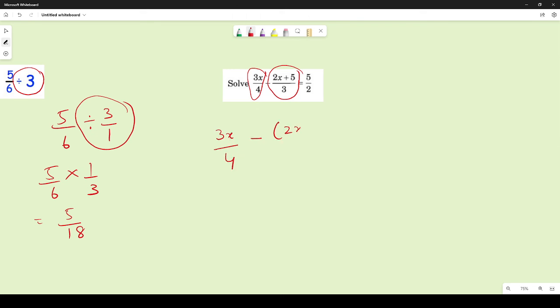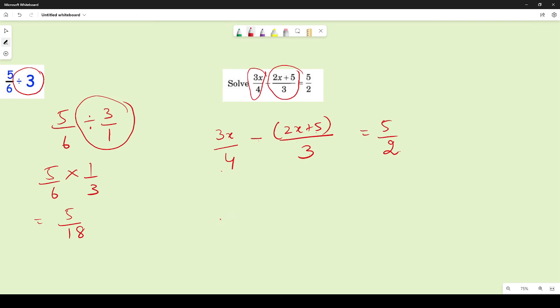Now put this entire thing into a bracket because remember I told you everything which is above the line is in the numerator. That means this negative sign is for this entire line. This is for the entire 2x plus 5. That's why I'm putting it into a bracket so that we do not forget what it is like, right? 5 by 2. So again they are unlike, right?